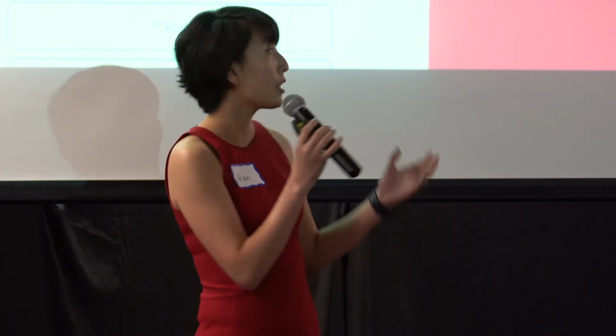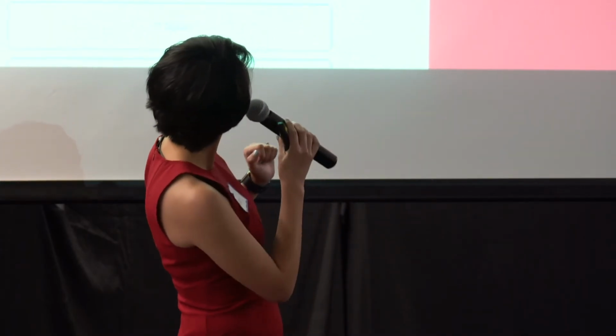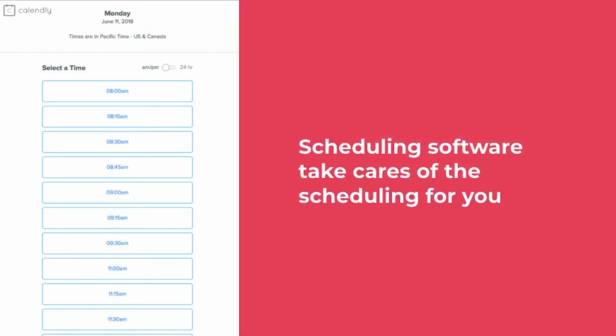And once your participant clicks on the link you send them in your email, they'll see something like this, which is a list of available times. They can then just select a time that works best for them. And both you and your participant will get a calendar invite afterward once it's selected.